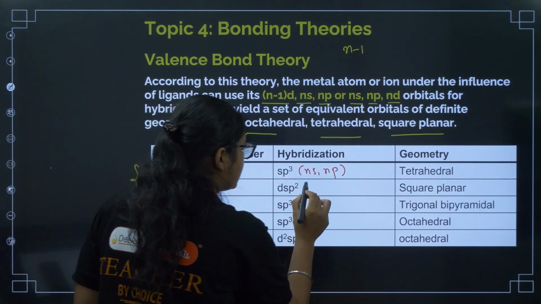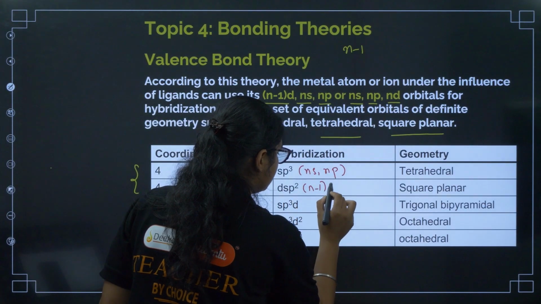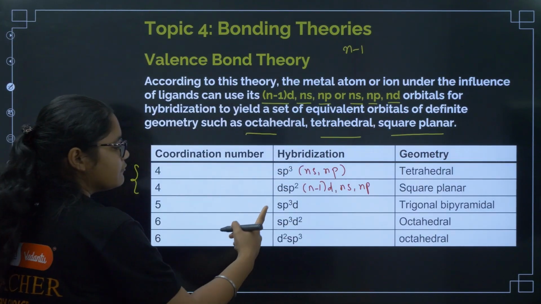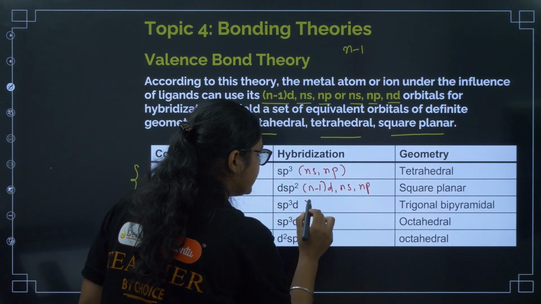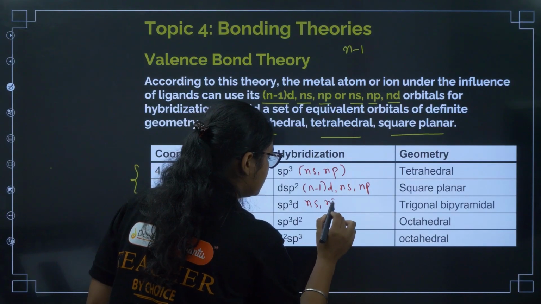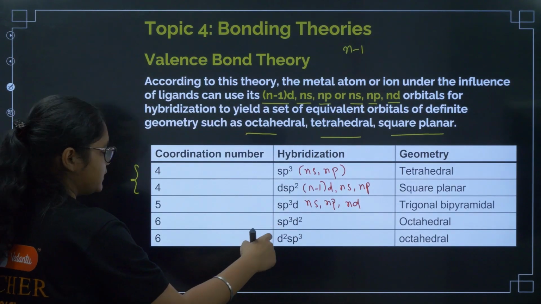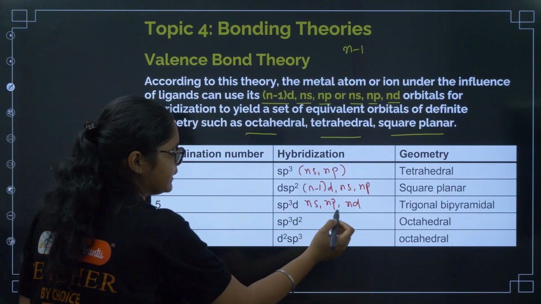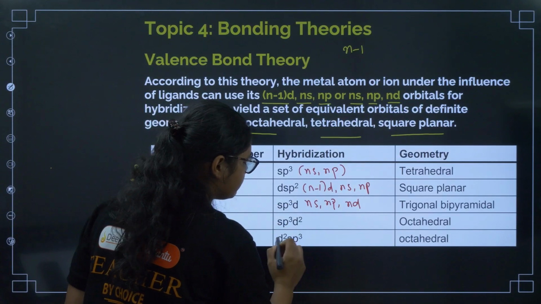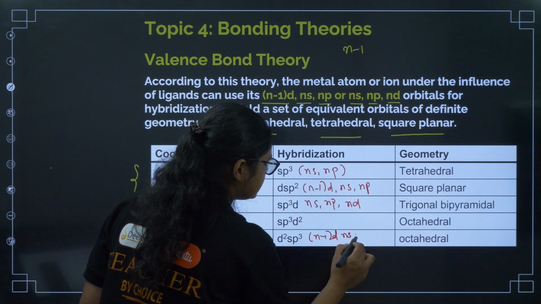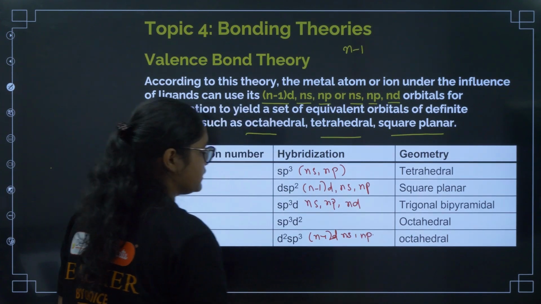For dsp2 I need n-1 d, ns and np orbitals to combine. For sp3d2 we need ns, np and nd. Okay. And for d2sp3 we need n-1 d, ns and np orbitals.